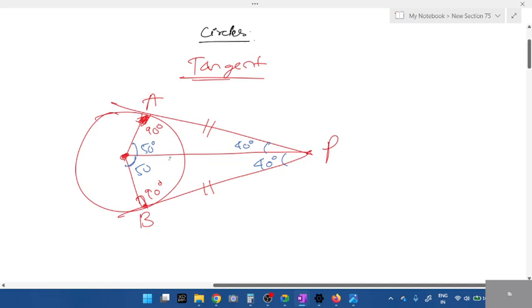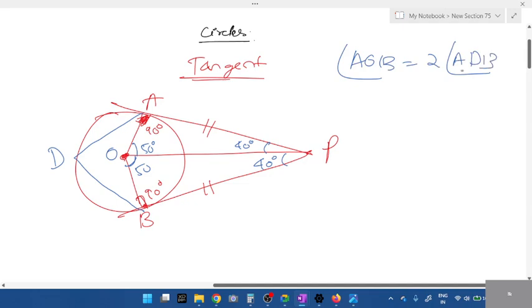Right? So whenever two tangents are given, like this question, this is 50. Angle AOB, what's the angle formed at the center, AOB? Angle AOB is equal to 2 times the angle formed on the circumference, ADB. AOB, what's the total value, students? 100, right? We divide by 2, ADB.